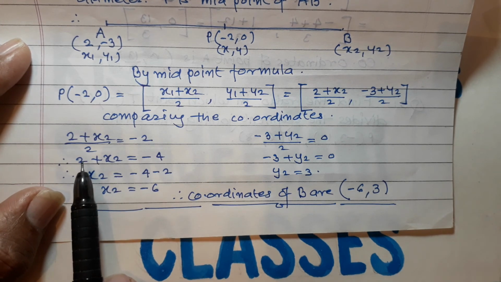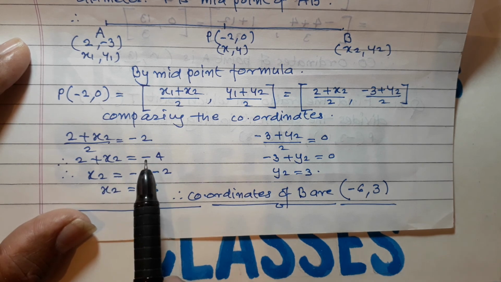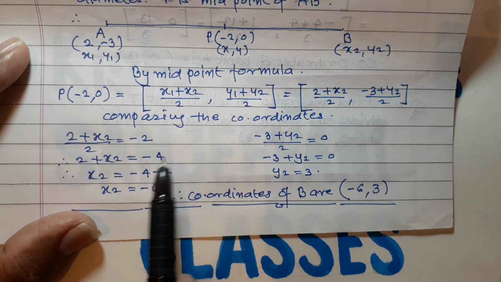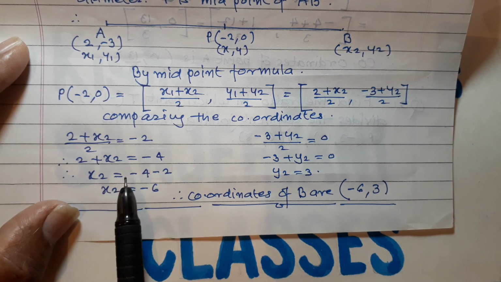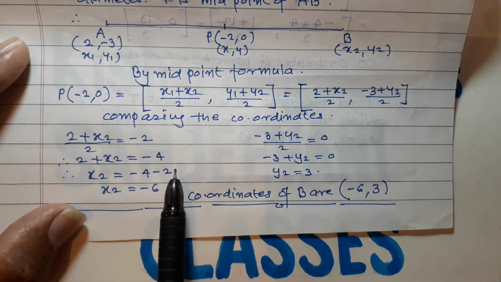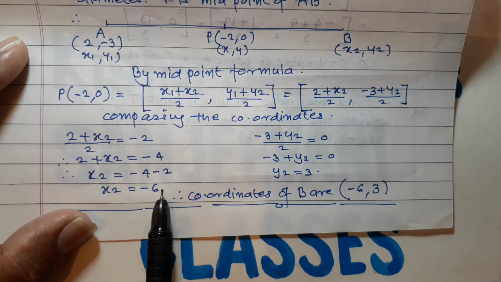Therefore 2 + x2 = -4, this 2 you transfer on this side, and therefore x2 = -4 - 2, which gives you -6.